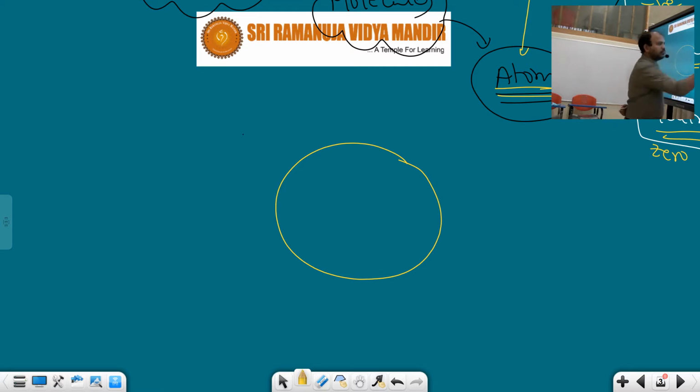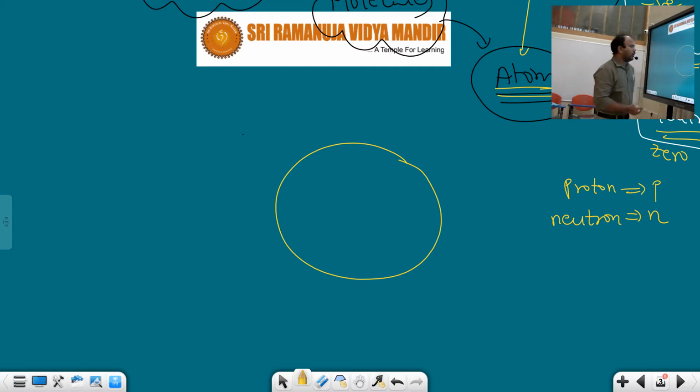Proton can be designated as P, neutron can be designated as N. Protons and neutrons are present at the center of the atom.